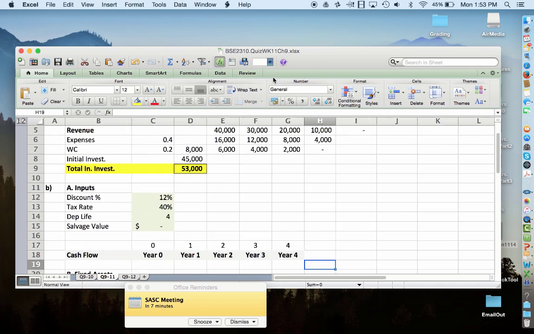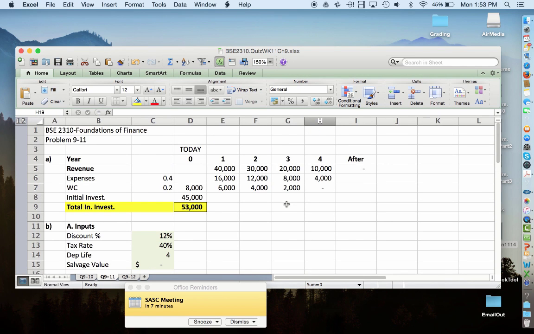We're told that expenses are expected to be 40% of revenue. And then the working capital required each year is expected to be 20% of revenues in the following year. So there are some details there that are given to you for a particular reason. The project is going to require an immediate investment of $45,000 in plant and equipment.